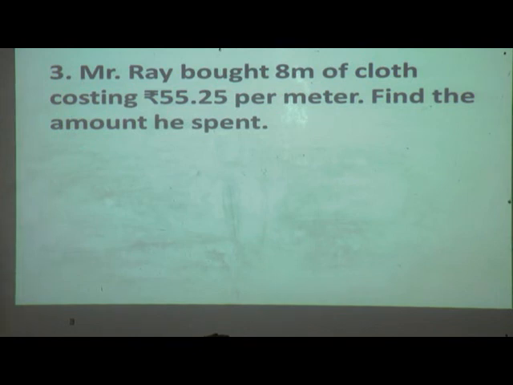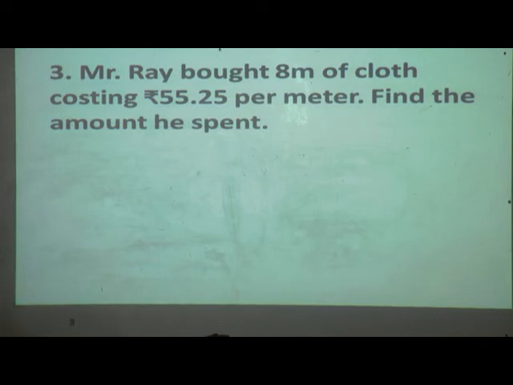See, next, the third question. Mr. Ray bought 8 meters of cloth costing rupees 55.25 per meter. Then find the amount he spent. So what is the question? Mr. Ray bought cloth, 8 meters.